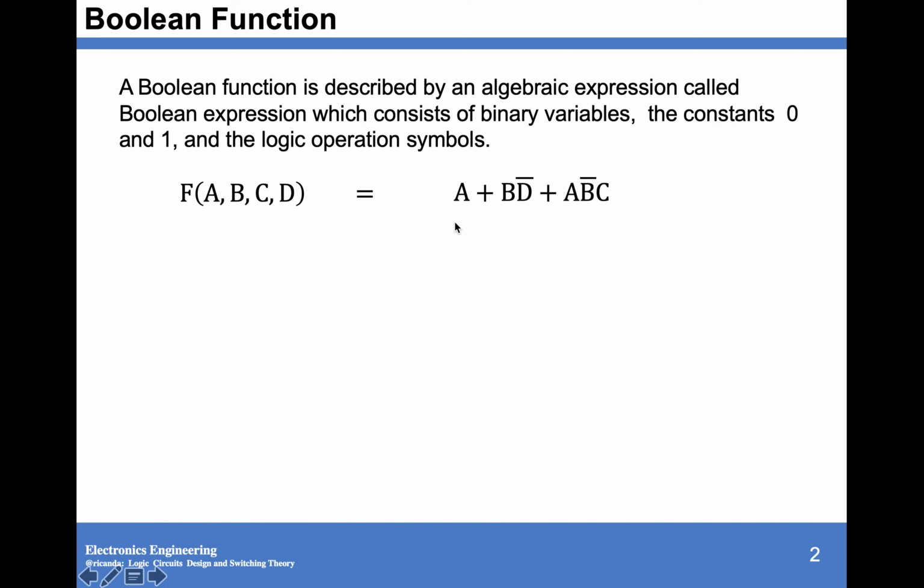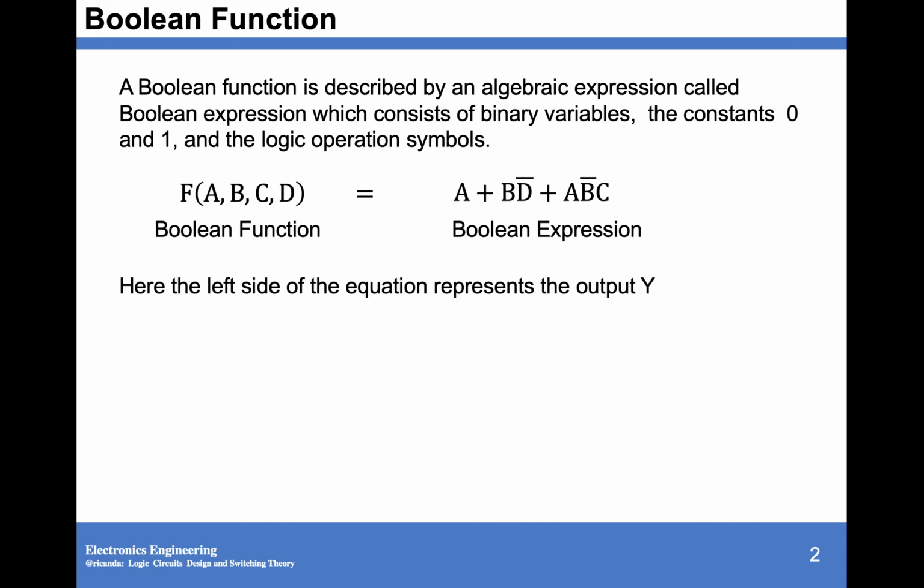And we have this equation, E or B D bar or E B bar C, which we call a Boolean function, and the other side is what you call your Boolean expression. So the left side of that equation represents our output Y. If we have to write that one, it is equivalent to Y equals this equation, which is our output.